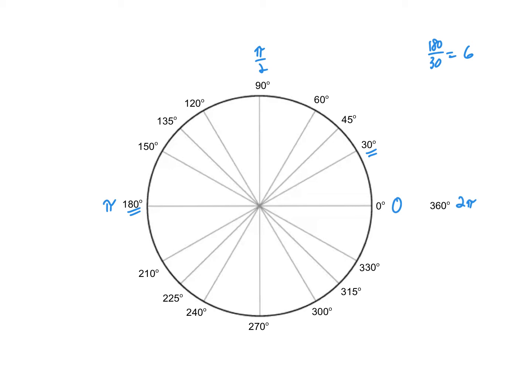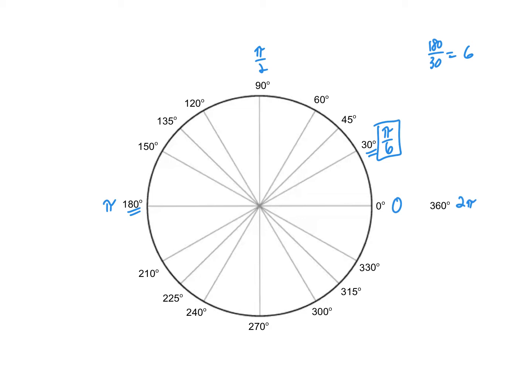So that means it's 1/6 of pi. So we've got pi over 6. 30 degrees, pi over 6 radians, those are the same thing. Okay, for 45, what fraction of 180 is that? How many times does 45 go into 180?